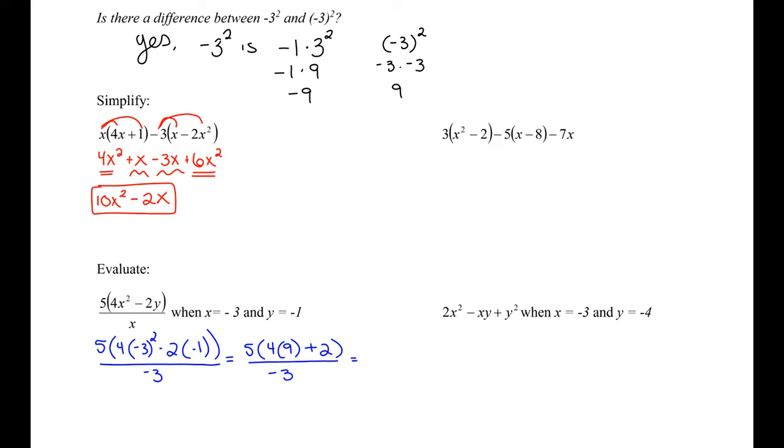Next, I have 4 times 9, which is 36, plus 2 over negative 3. Still simplifying inside the parentheses, 36 plus 2 is going to give me 38.